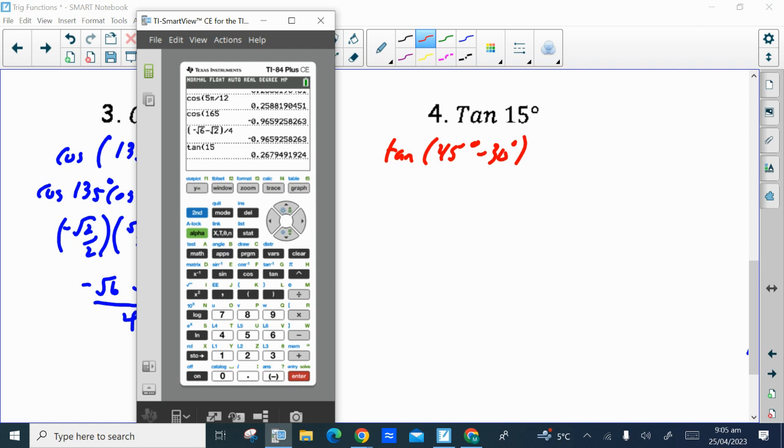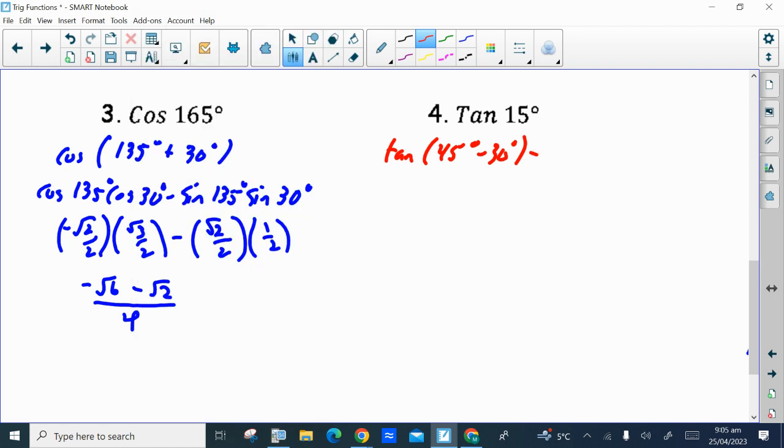But again, that is an irrational number. We want to write it as an exact value, so that's where our sum and difference identities come in. The tan of A minus B is the tan of A minus the tan of B all over 1 plus tan A times tan B.